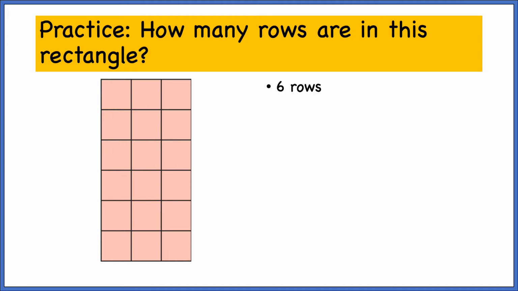There are 6 rows in this rectangle. Let's count. 1, 2, 3, 4, 5, 6. How many columns are in this rectangle? There are 3 columns. Let's count. 1, 2, 3.